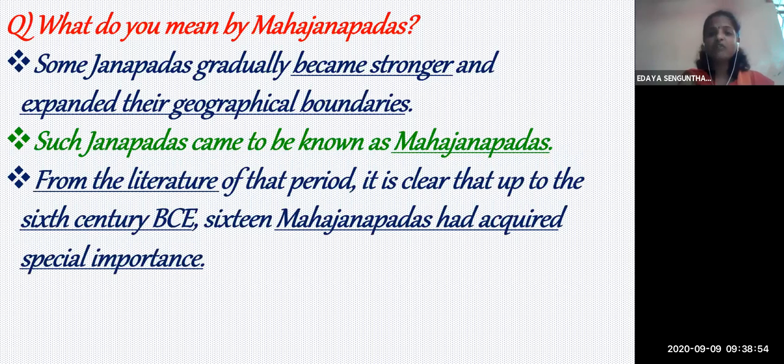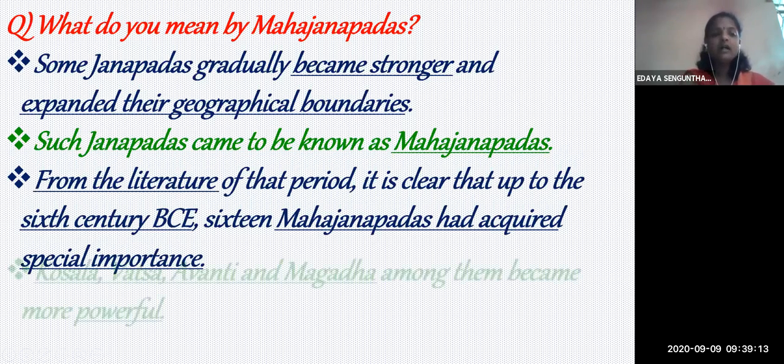From the literature of that period, it is clear that up to the 6th century BC, 16 Mahajanapadas had acquired special importance. Now, particularly those 16 Mahajanapadas' names we will learn.